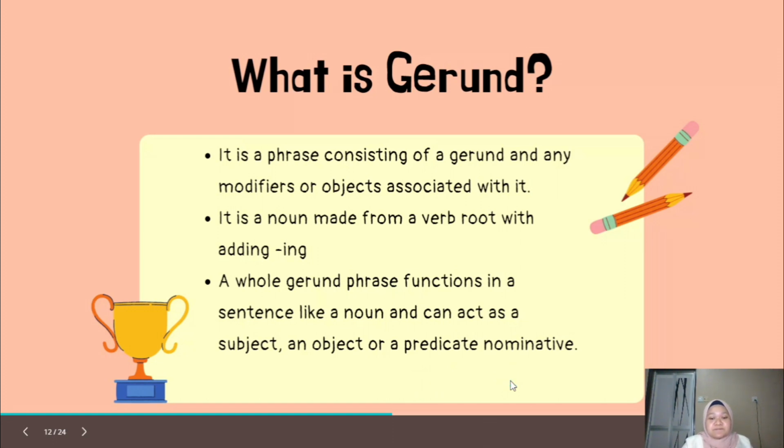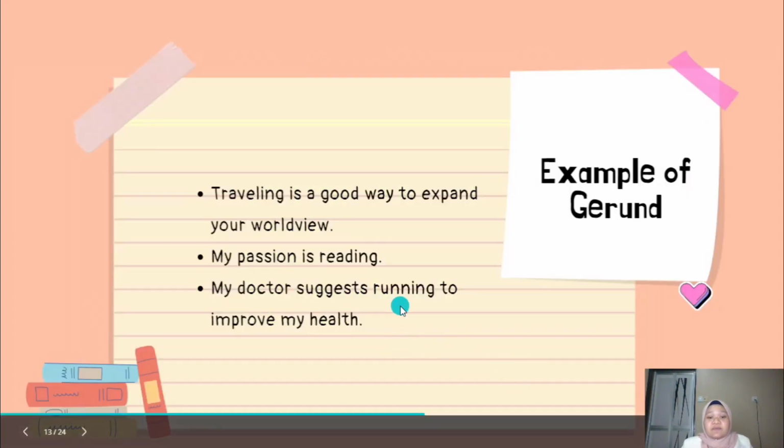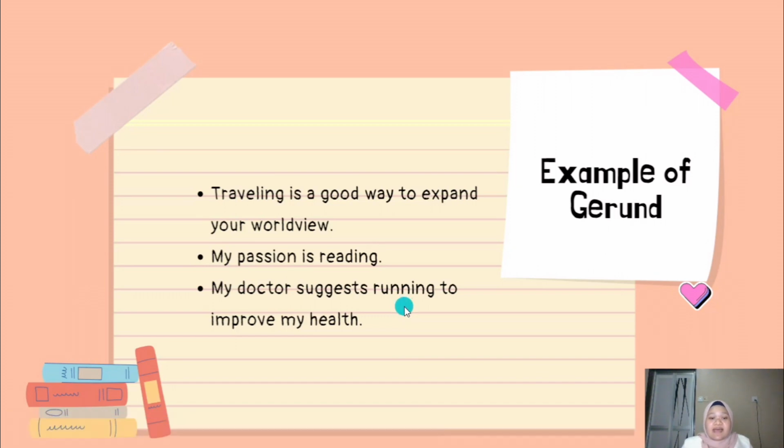I'm sorry, what is a predicate nominative? The gerund is at the center of the sentence, in the middle of the sentence. My doctor suggests running to improve my health. So class, can you see how the gerund can be used as a subject, object, or predicate nominative?